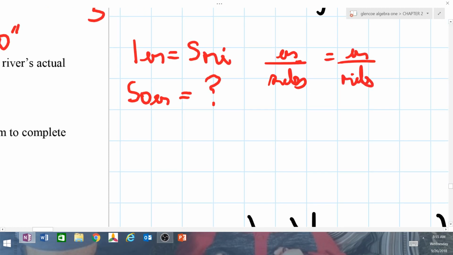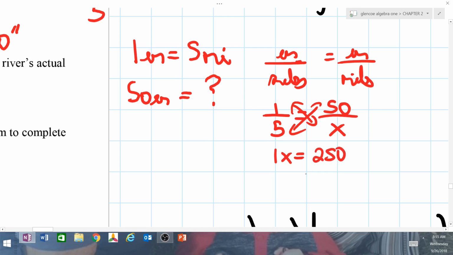So we may set this up like 1 over 5 equals 50 over x. We cross multiply and we get 1x equals 5 times 50 or what? 250. So how long was the Guadalupe River? 250 miles.